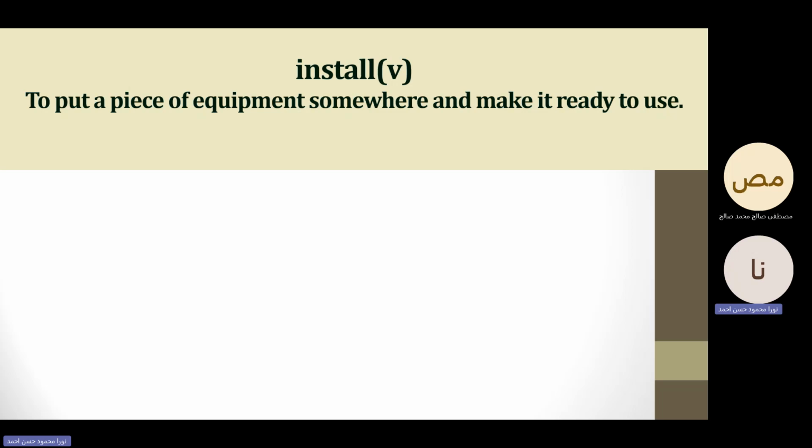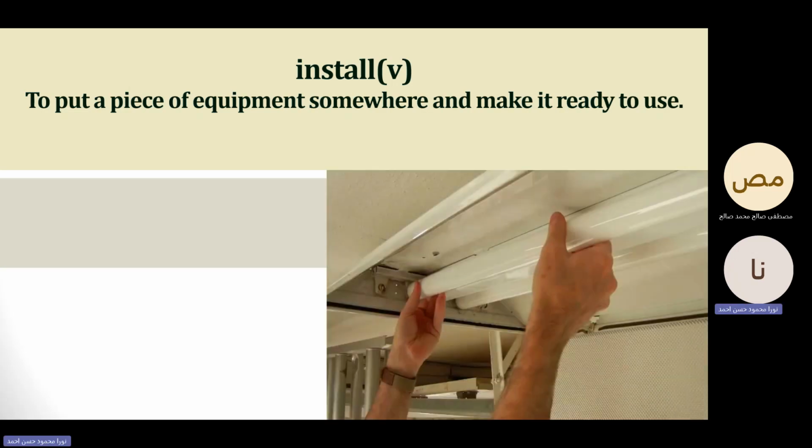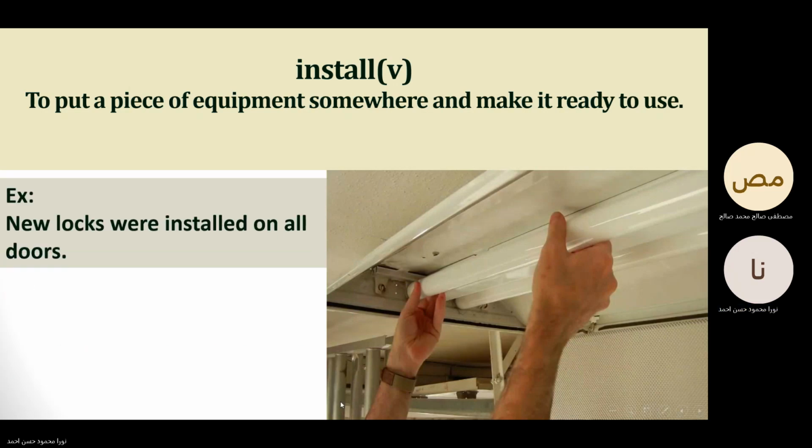So to put a piece of equipment somewhere and make it ready to use. يثبت. Okay, so here is a man, he is installing a light bulb. New locks were installed on all doors to protect the home. Install.